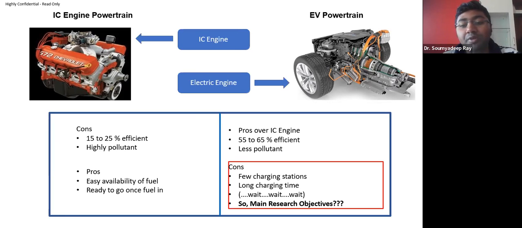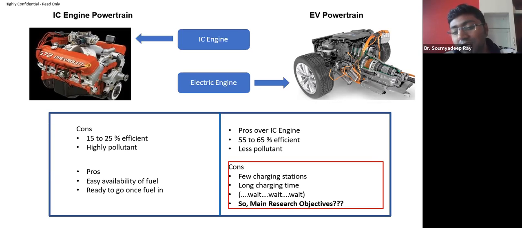But we need to develop, because right now very few charging stations are available if you compare with refueling stations. So you need to have last mile connectivity. Everywhere you need to have some electric vehicle charging station, first thing.